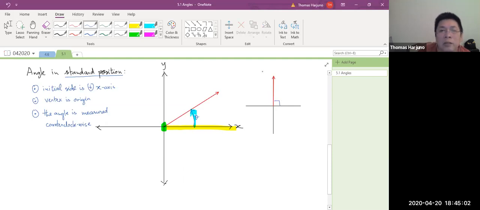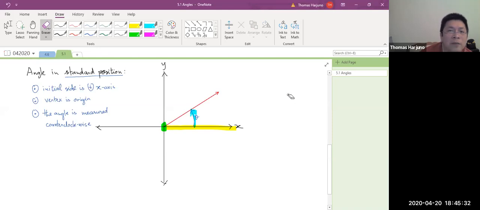This is the angle alpha equals 90 degrees. We don't need to say further that it is measured from the positive x-axis with vertex at origin going counterclockwise. Once they say 90 degrees, that's what it means. There's no confusion there. Now, that's for angle in standard position.